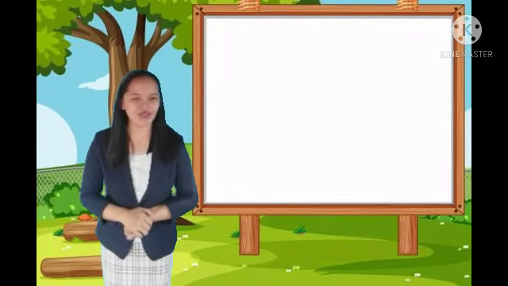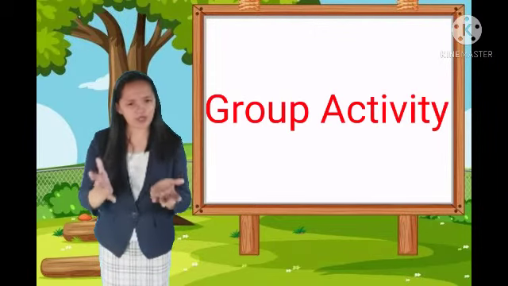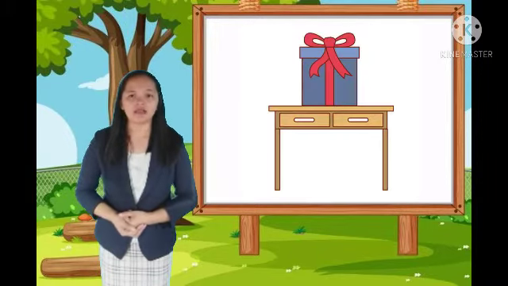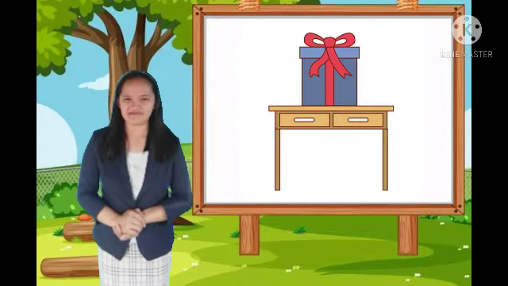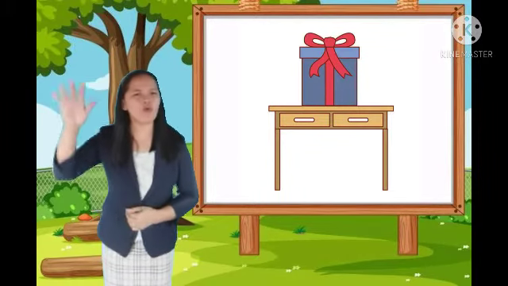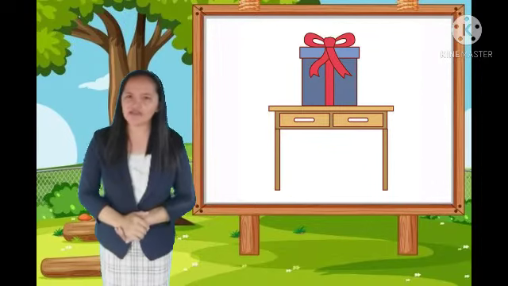Now we will have a group activity. This activity will help you understand more about force and motion. But look first at the table, class. What can you see? Yes, there is a box. Who wants to open the box and tell the class what you have seen inside it?